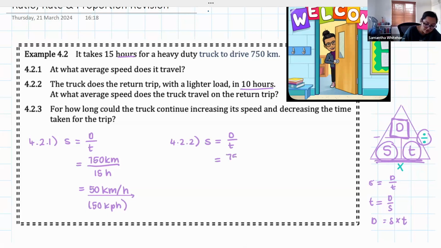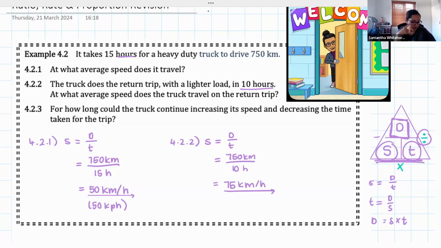So 750 kilometers, but now it's taking 10 hours, not 15. When we do that division, we get 75 kilometers per hour. And this answer logically makes sense because the time was shorter over the same distance. It means they had to have traveled faster, so the speed had to be greater.